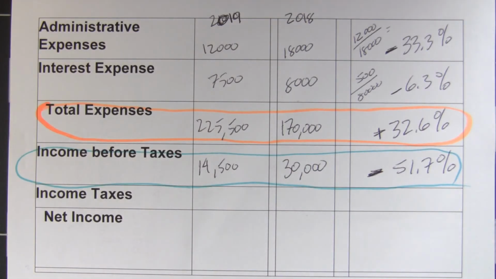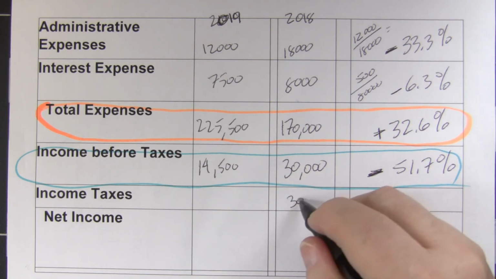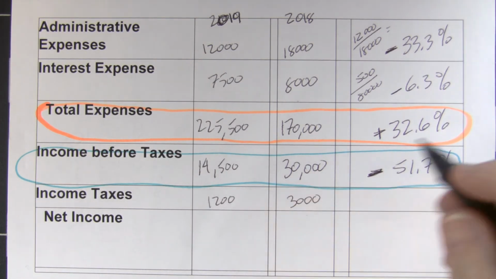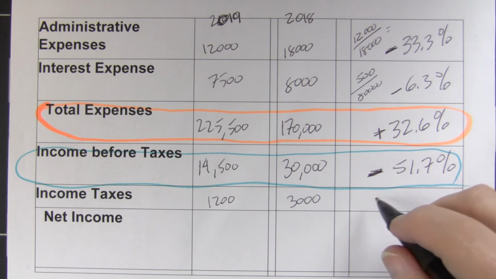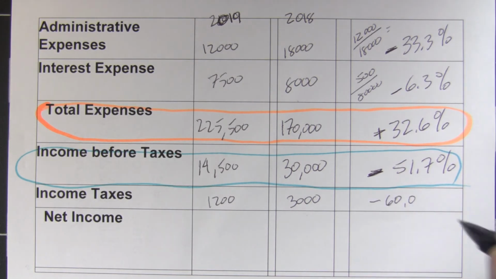So these are some numbers, these are some things that you will actually use. Now the income tax last year was $3,000. This year is $1,200. Of course that went down. You don't really care about your taxes going down. What you care about is your income going down.